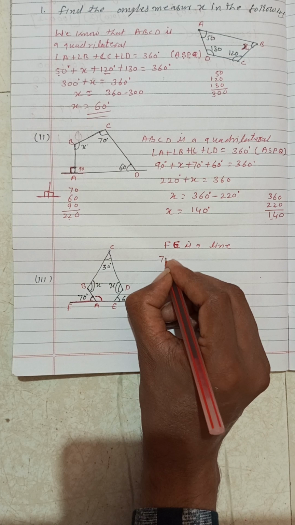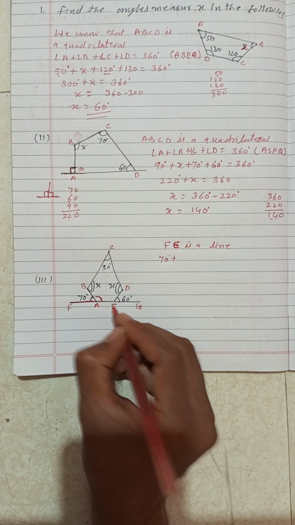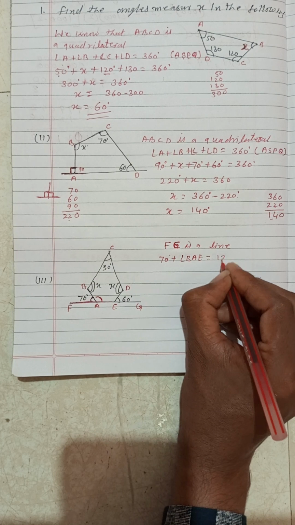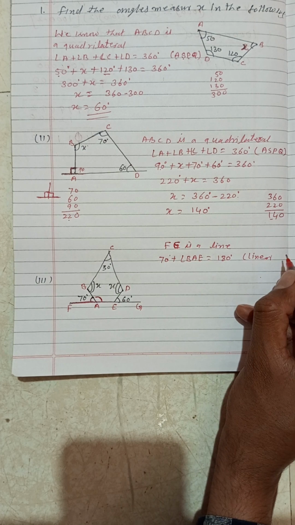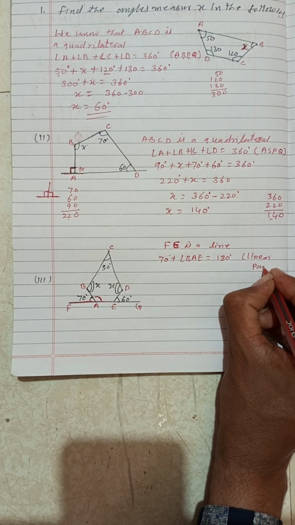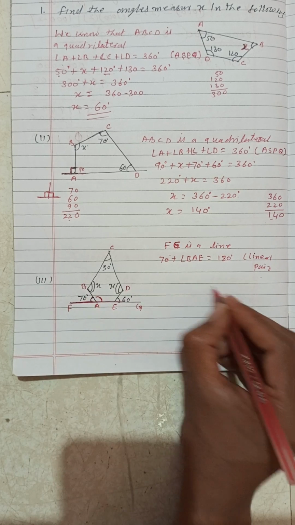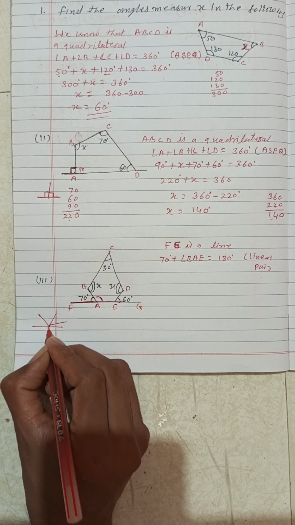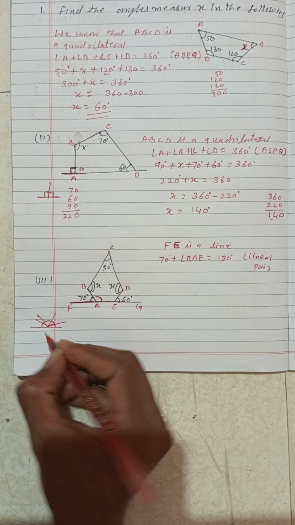So angle 70 degrees plus this angle. Let this angle be named BAE. Angle BAE is equal to what? 180 degrees, because of a linear pair. Linear pair means it is on a line. All the angles on this one line are always 180 degrees, because of straight angles.